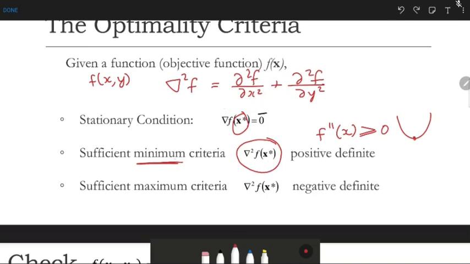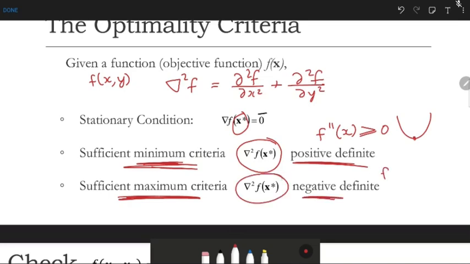You can remember it this way: for the minimum criterion, something should be positive definite, which is the Laplacian. For the maximum, this should be negative. In the 2D case, if the double derivative is negative, it means at that critical point you have a maxima. This is not n, this is the double derivative.